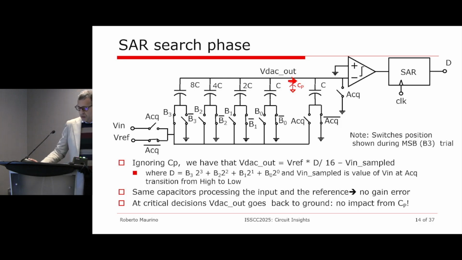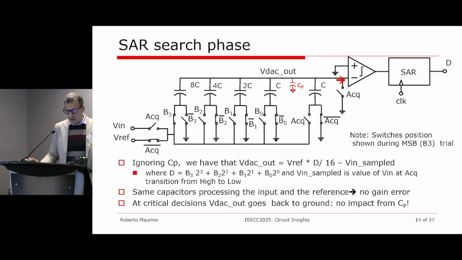Another way to look at it is that during acquisition, this switch was turned on, and you had a 0 voltage across this capacitance, okay? Now, when you do your search bit trial, and you're doing a critical decision, by critical I mean that the difference between the DAC code and the input is very close, okay?